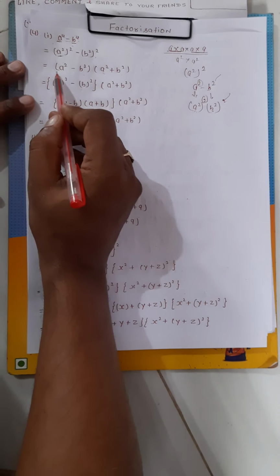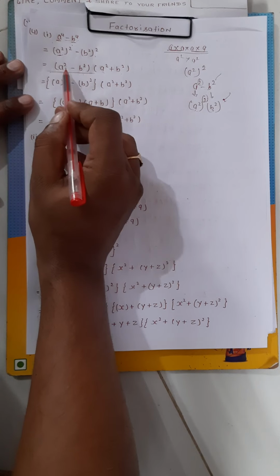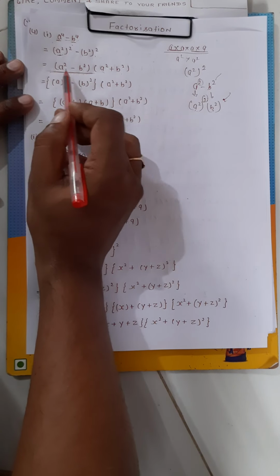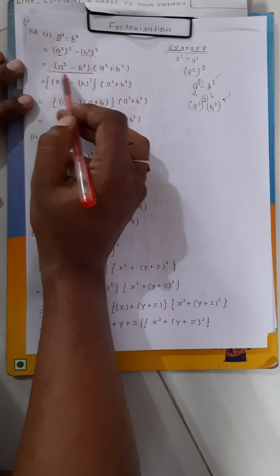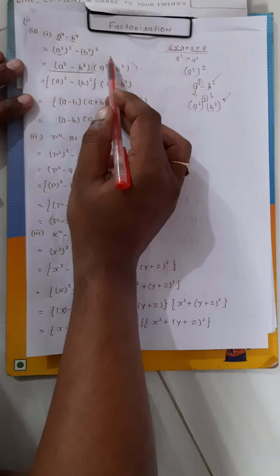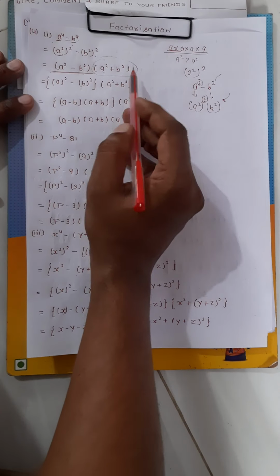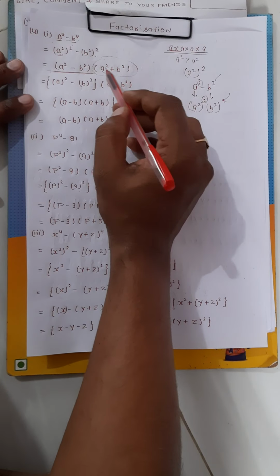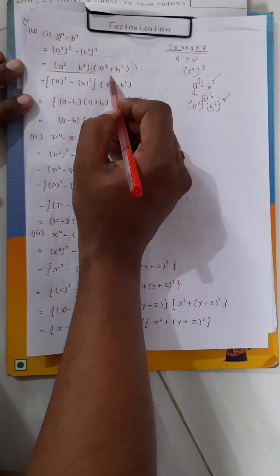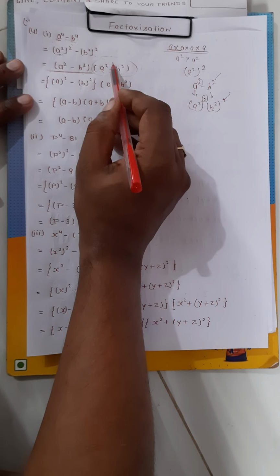Okay, now here again we see that it is a square minus b square. Again we can expand this a square minus b square, but we cannot do anything for a square plus b square because it also has two terms, but this sign is plus, and for applying identity number three we need a minus sign.